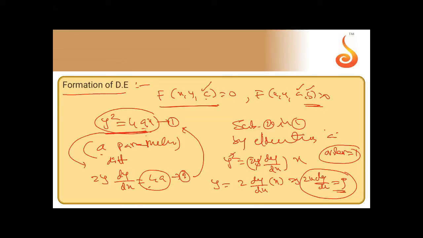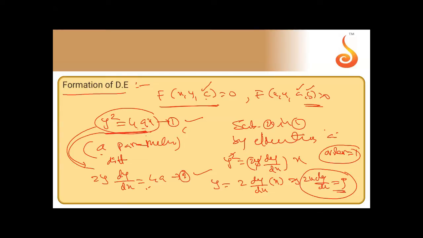So we eliminate a using the given equation and its derivative. From these two equations, you eliminate the arbitrary constant.